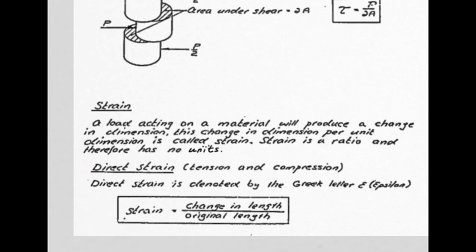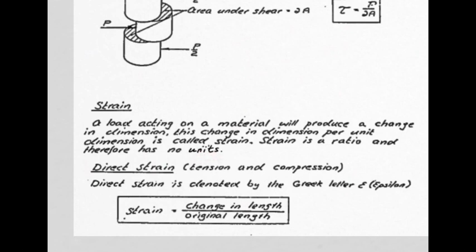It could be a lot more depending on what material it is, but the point is there would be a change in dimension. So this change in dimension per unit dimension is called strain. Now the per unit dimension is important, and that's what makes strain a ratio, and it has no units.